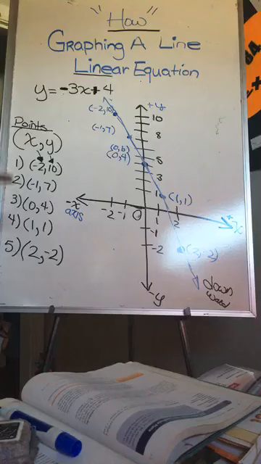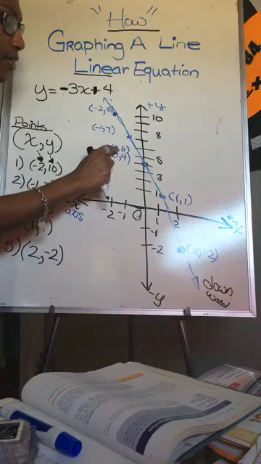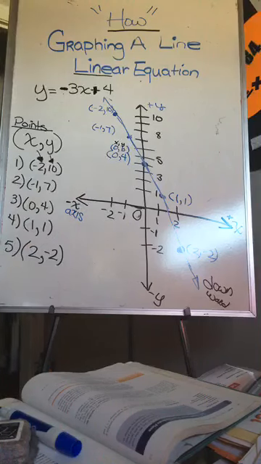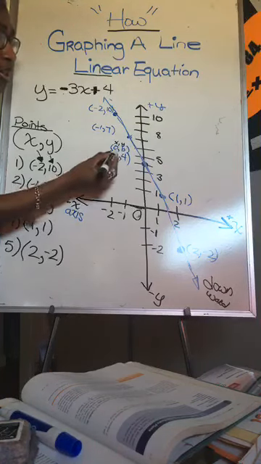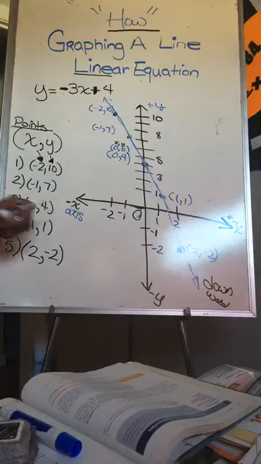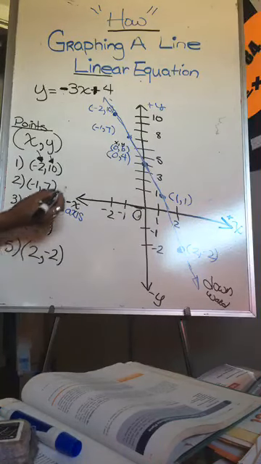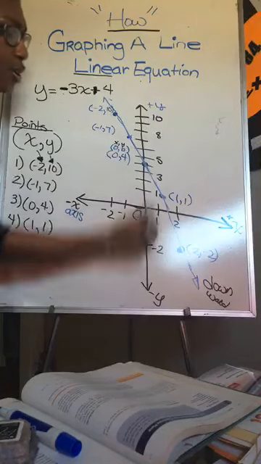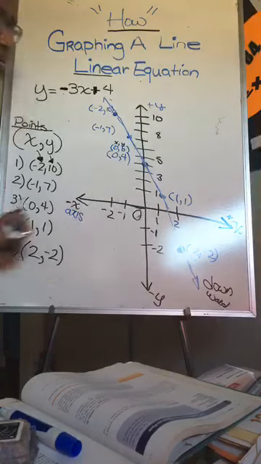4 is your y-intercept, and it's labeled as 0, b, or x comma y. It's the same thing. Don't let it confuse you. Don't let it trick you up. Your x and y coordinates, because we're on 2 dimensions. We're not on 3 dimensions. So you have your x-axis and you have your y-axis, vertical and horizontal.